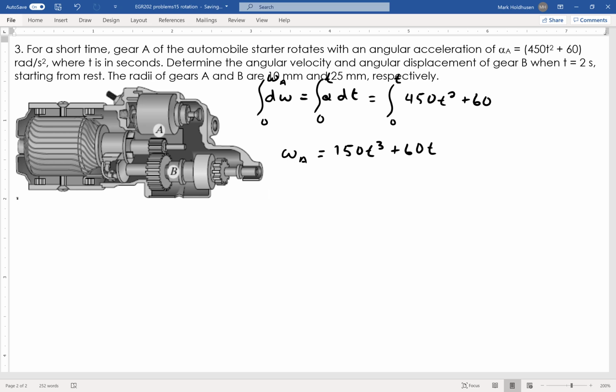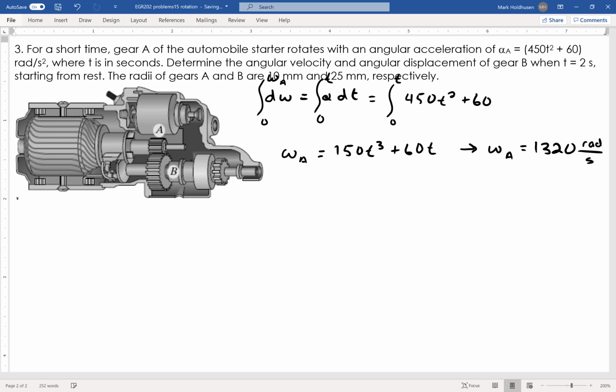Okay, and that's the equation as a function of t. Now, of course, plugging in t equals 2 seconds, I can find that omega a at 2 seconds equals 1320 radians per second just by plugging in t equals 2 into that.